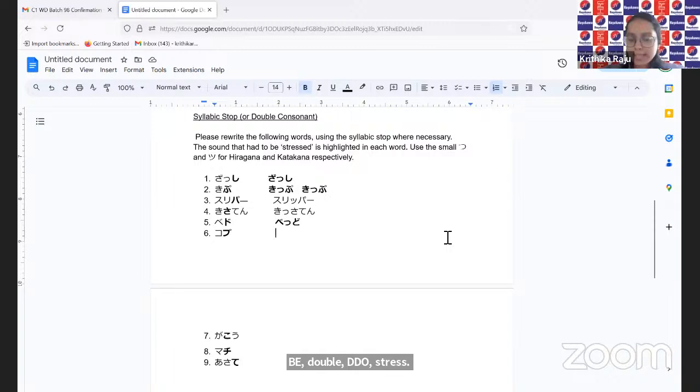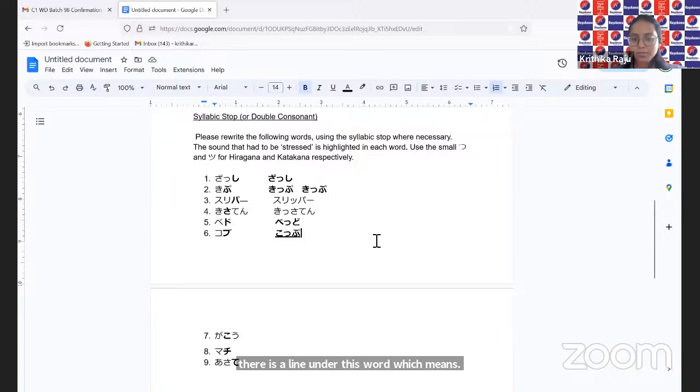Next word. How do you pronounce that? Kop. Okay, kop. How will I type that now? K-O-P-P-U. Very good. That is in hiragana. So if I press space, you see that there is a line under this word, which means you can still change that word.